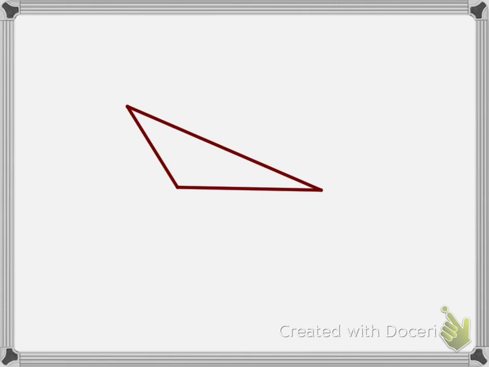So in the first triangle, we saw that the orthocenter was a point inside the triangle. In the second triangle, which was a right triangle, we saw that the orthocenter was actually the right angle of the triangle. And here's an obtuse triangle. Let's put some labels on this one. So this will be triangle ABC.